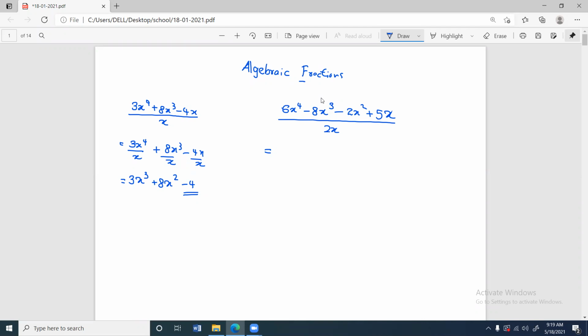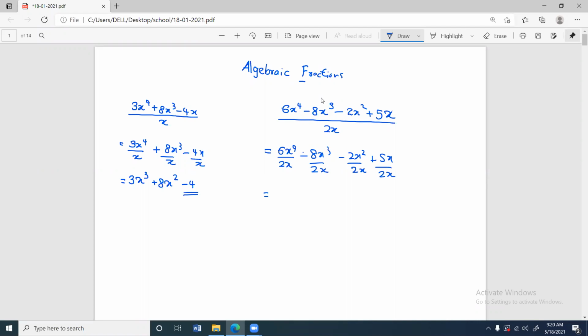These are the very basic calculations we are supposed to do, but anyway, we should know how to do these ones. 6x to the power 4 divided by 2x minus 8x cubed divided by 2x minus 2x squared divided by 2x plus 5x divided by 2x.